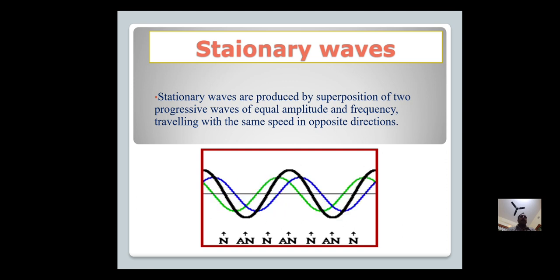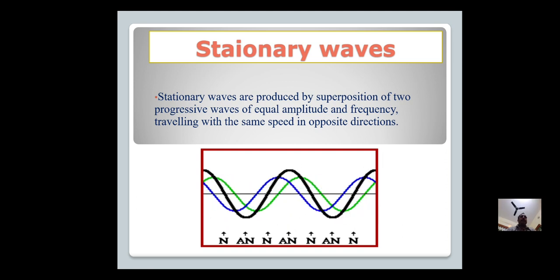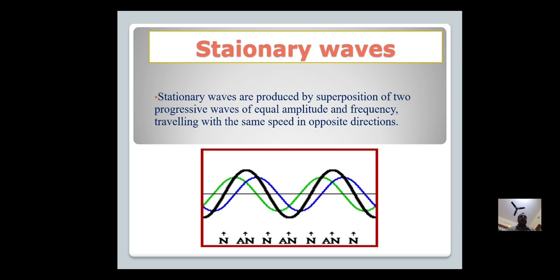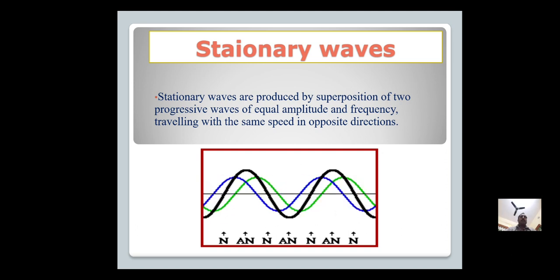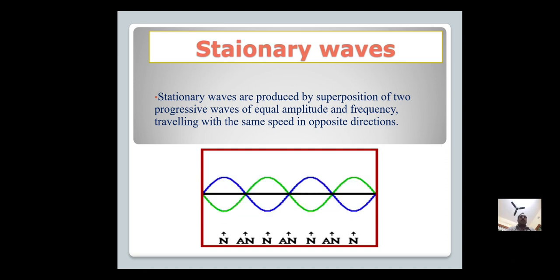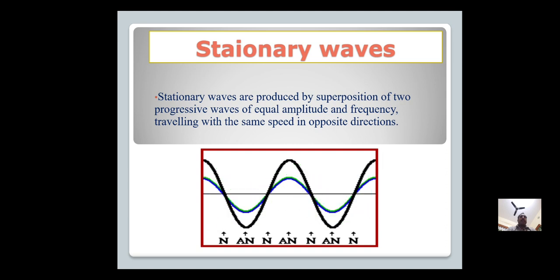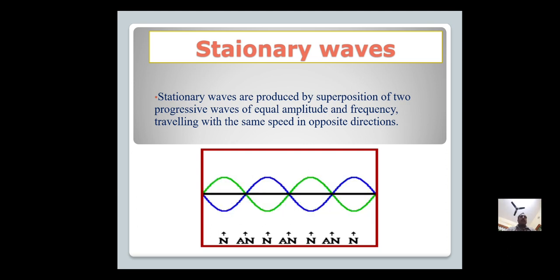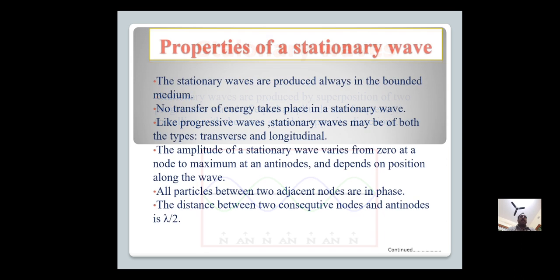It is named so as it appears stationary in the medium. It is formed of nodes and antinodes. So we see that there is an antinode in between two nodes or a node in between two antinodes.